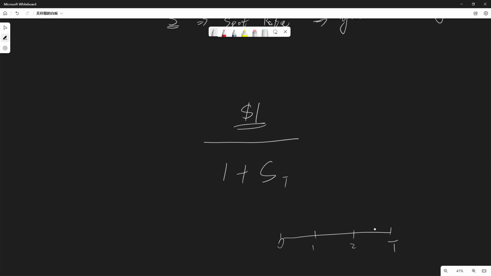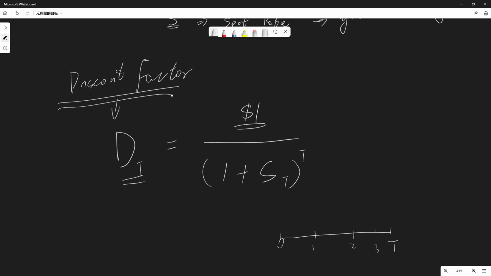Maybe 1, 2, 3, and all the way up to t. And you can discount that multiple times, so in this case, t times. And you will get a certain d_t. We call that d the discount factor. And this is the spot rate. So this is a more generalized spot rate formula that incorporates the discount factor.